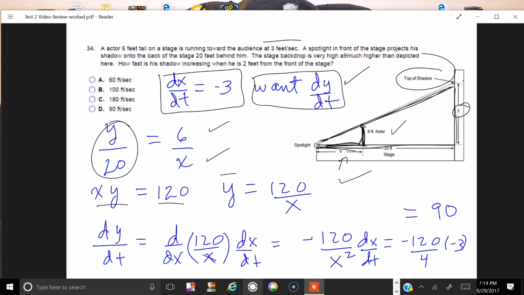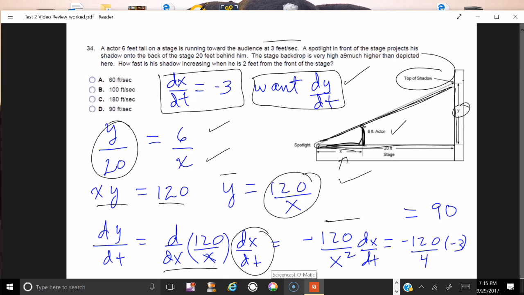And we want to calculate dy/dt. So dy/dt is d/dx of 120 over x times dx/dt, the chain rule. d/dx of 120 over x is minus 120 over x squared, then times dx/dt.